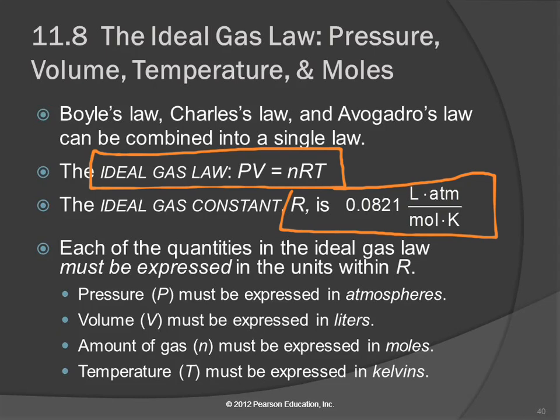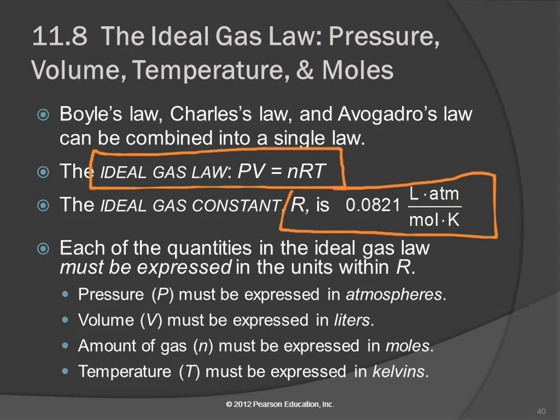When we use the ideal gas law, we have to express all of our quantities in the same units that are in R. So what does that mean? Well, here we have liters. So that means that our volume has to be in liters. It can't be in milliliters or kiloliters or anything else. Pressure has to be in atmospheres, can't be millimeters of mercury, because the units won't cancel out.